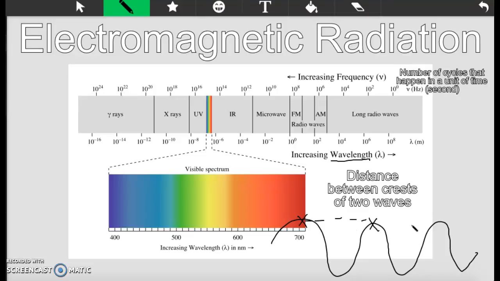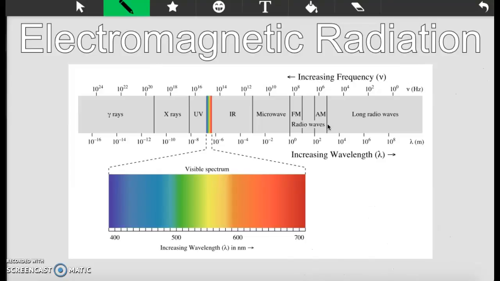Now, something with a shorter wavelength would be like this. Probably should have switched colors, that was my bad. But in this case, your wavelength is from here to here, much shorter than the other.